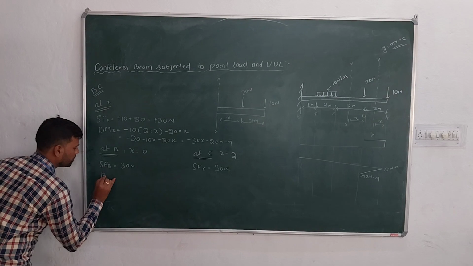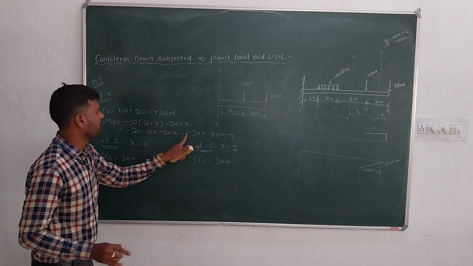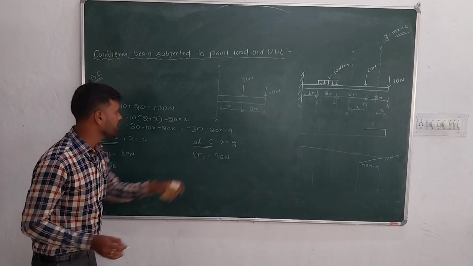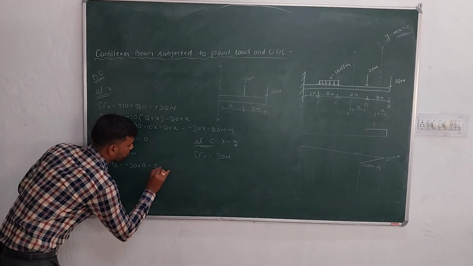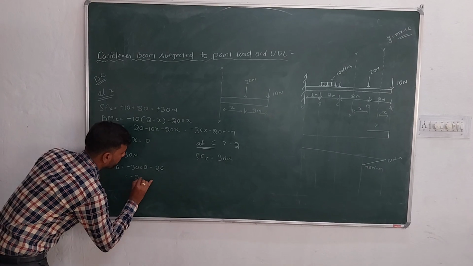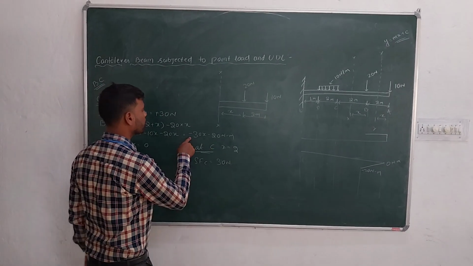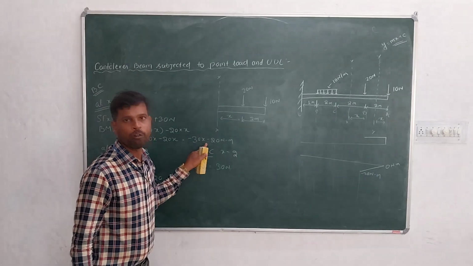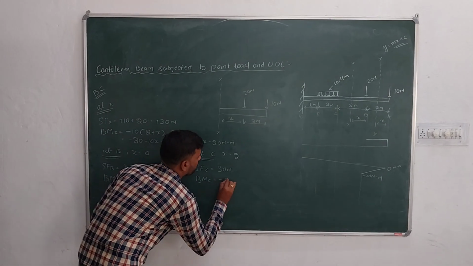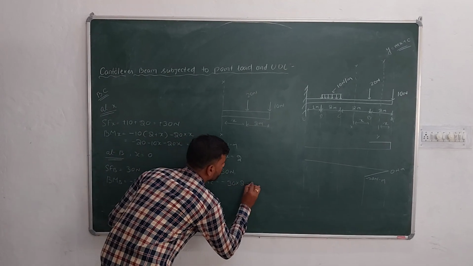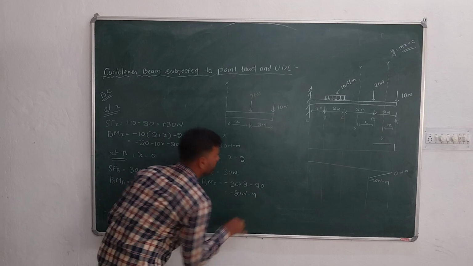BM at B: x equal to 0, so minus 30 into 0 minus 20, that is minus 20 Newton meter. In this case x equal to 2, so bending moment at C is minus 30 into 2 minus 20, that is minus 80 Newton meter.